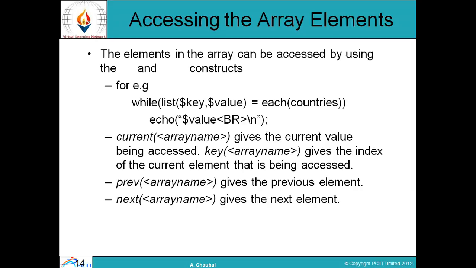So in this example, current array name gives the current value being accessed, key gives the index of the current element, and next indicates the element that is being accessed. Previous, like array name, gives the previous element, next array name gives the next element. So in this way you can make use of array elements differently.